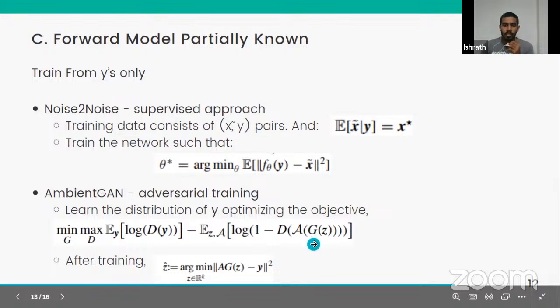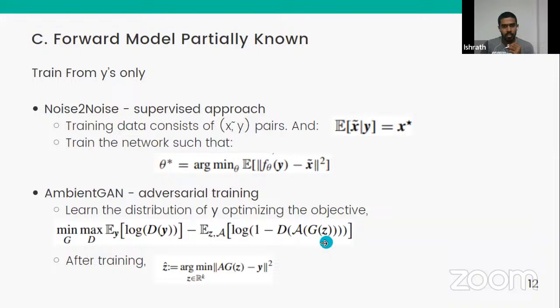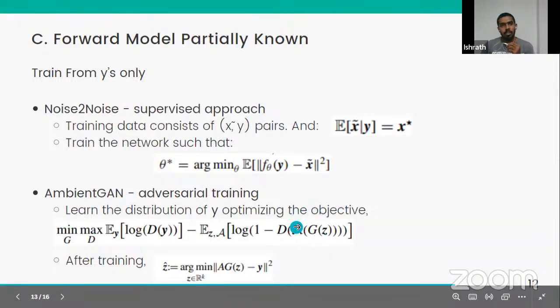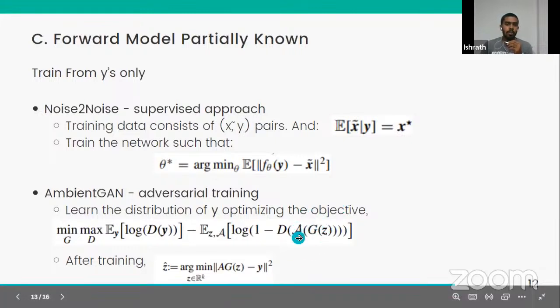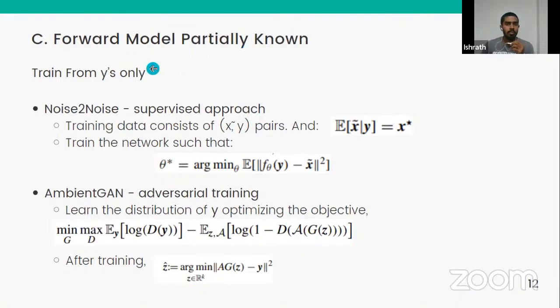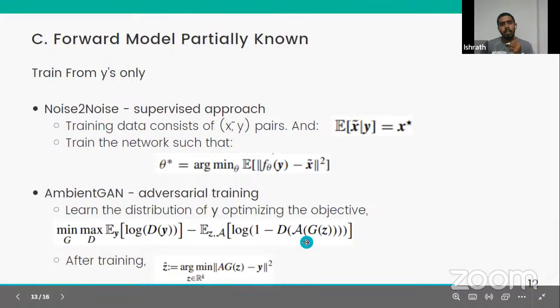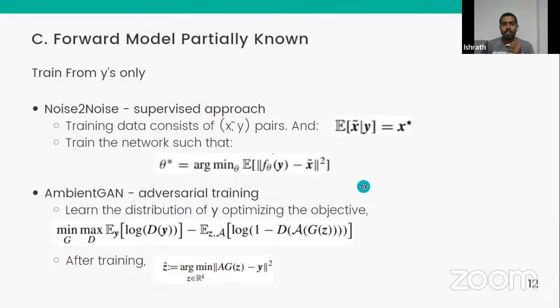This generative network maps the low-dimensional data space into the ground truth space. The output of this is going to be a ground truth image space, and we apply the forward process to that ground truth image. But actually, we don't know the forward model. We only know the statistics of this forward model. So in this case, they assume that we can easily sample the forward model from the given statistics of the forward model.